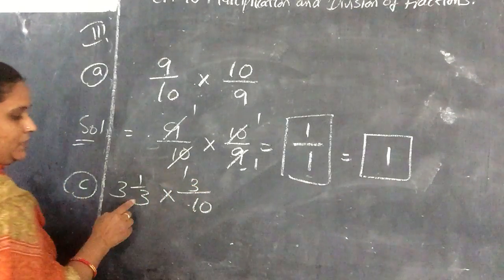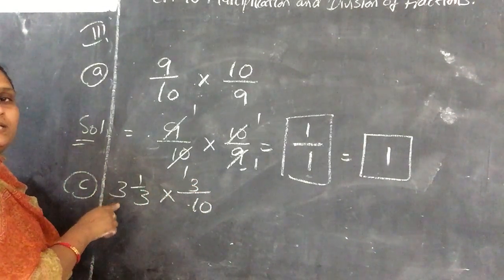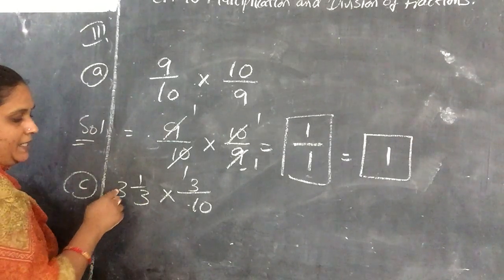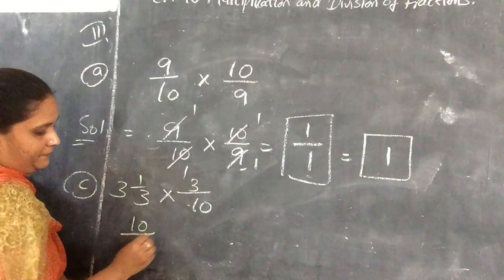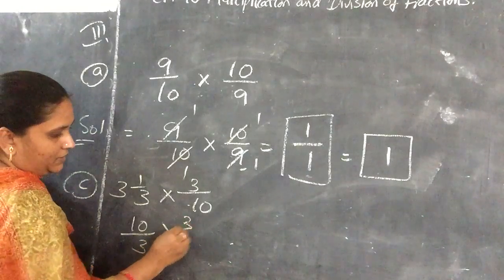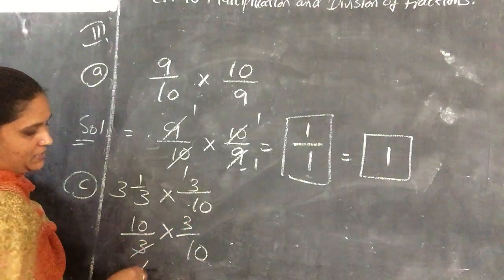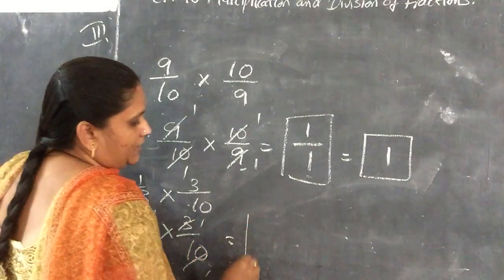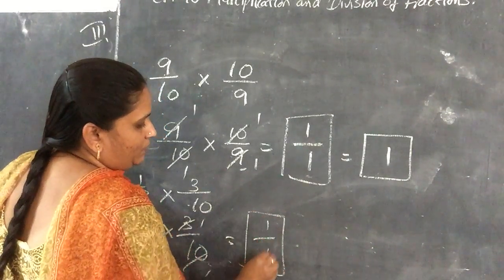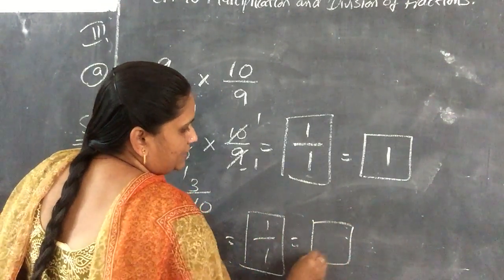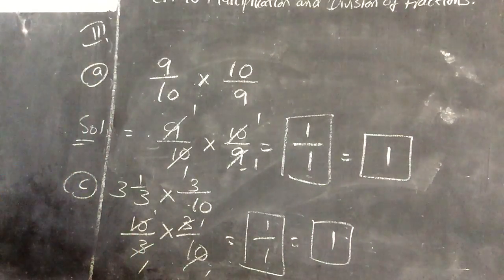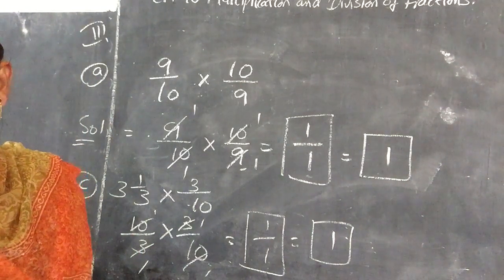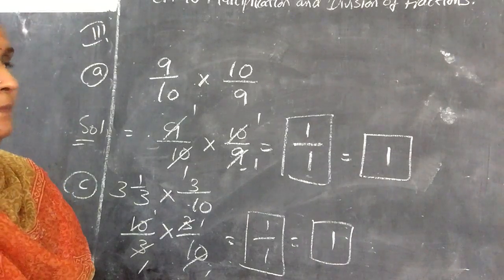Convert this mixed fraction into improper fraction. 3 3s are 9 plus 1 is equal to 10 by 3 into 3 by 10. 3 ones are 3, 10 ones are 10. So the answer will be 1 by 1 is equal to 1. This is related to textbook page number 93.